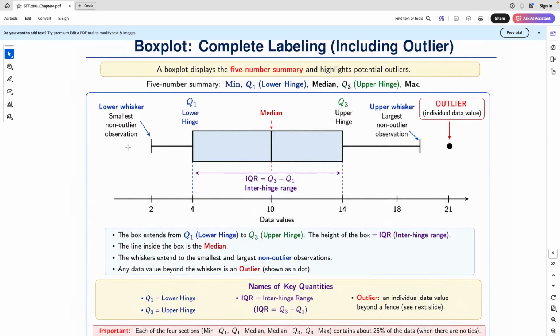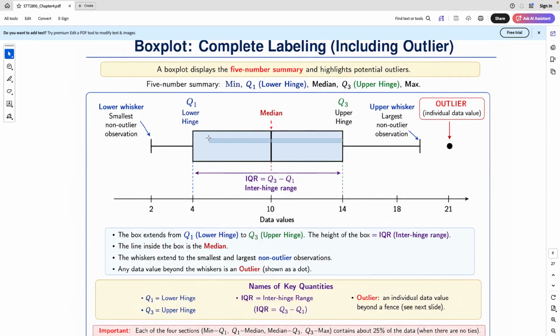Apart from that, you are also expected to find the median on the box plot. The median is here, the middle, right here. Is that okay? This is the Q1 or the lower hinge. This is the Q3 or the upper hinge.